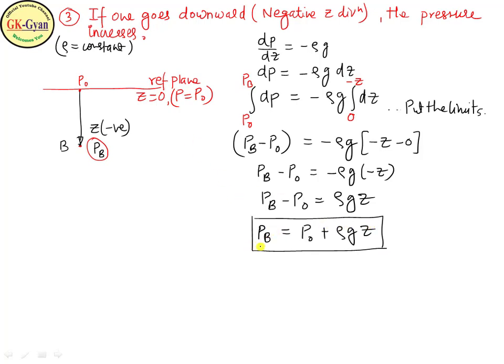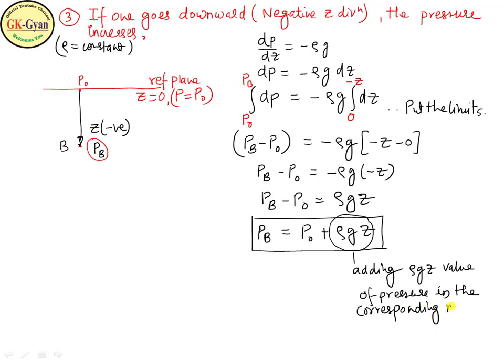With this equation we know that we are adding the rho gz value of pressure to the corresponding reference pressure. Therefore Pb increases.